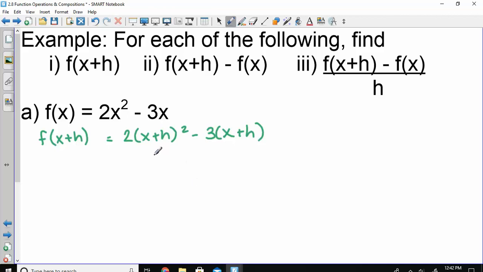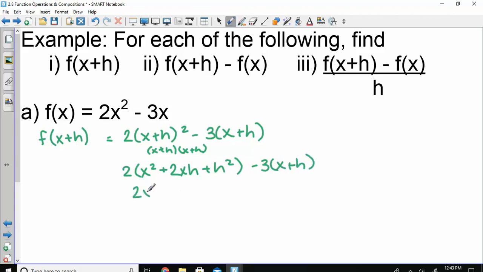How do you take x plus h and square that? FOIL it. It's like saying there are 2 of them. So if you FOIL that, you get x squared plus xh and plus xh would be 2xh plus h squared. We distribute.